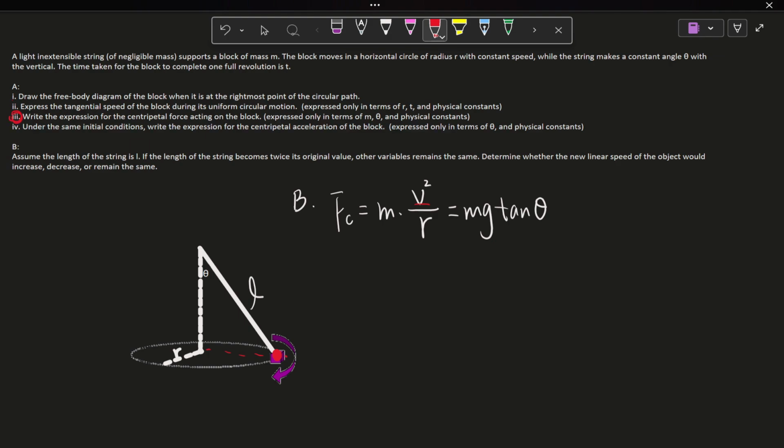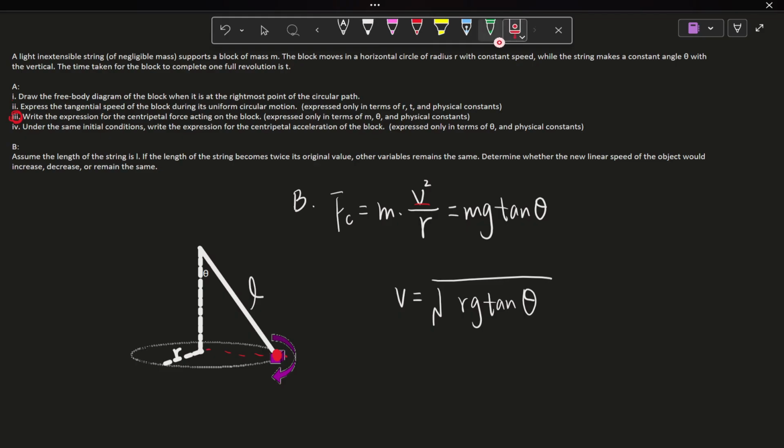After we simplify it, we get v is equal to the square root of rg tangent theta. Now some of you may just stop here and say, oh, it would not be affected because this expression only involves r, g, and theta, and it does not involve L. You may just stop there and laugh. Oh my, it's so easy, but actually you're wrong. You're wrong, kid.